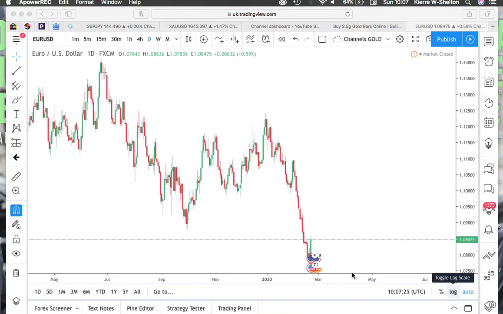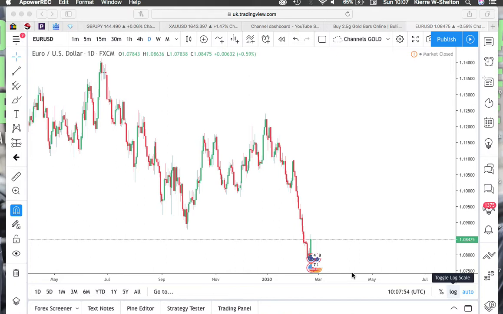Now, channels is basically the next step from support and resistance because you use your support and resistance lines to create channels. Channels basically help you understand where the market is going. Sometimes they're horizontal, sometimes they go diagonal. When they form, they help you understand where the market's going.